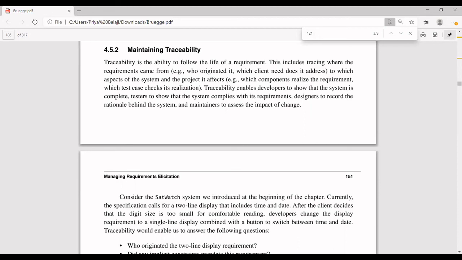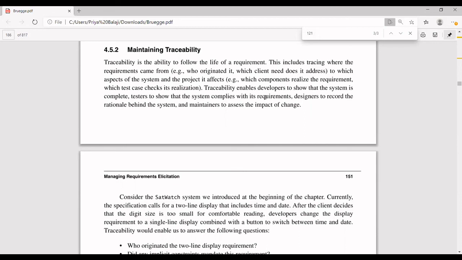You should know the reference, or the dependencies, of certain implementations. For example, here they have shown a satellite watch. The satellite watch currently has a 2-line display, including time and date.